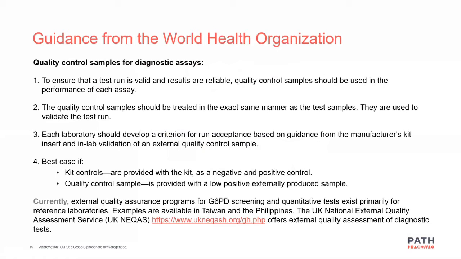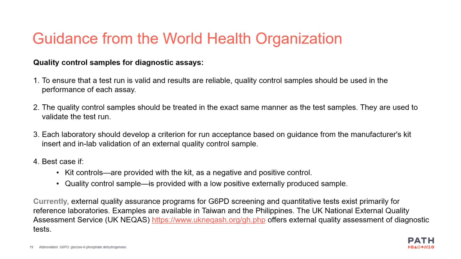So the first comment is that quality control samples should be used in the performance of each assay to show that the test is valid and the results are reliable. And the second point that the WHO makes is that quality control samples are used to validate the test run. So therefore, they should be treated in the exact same manner as the test samples.